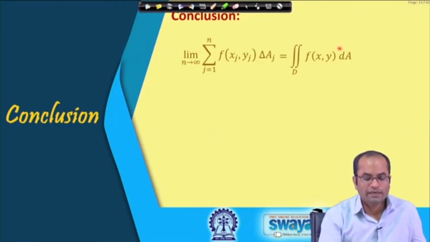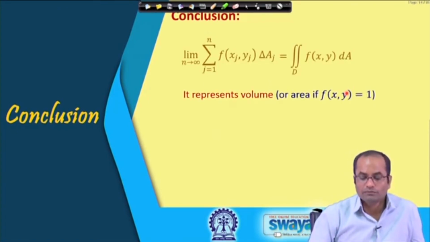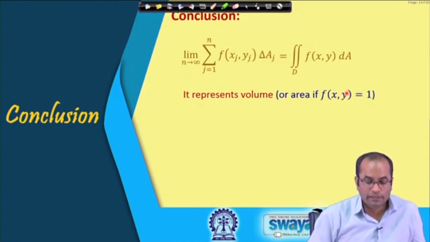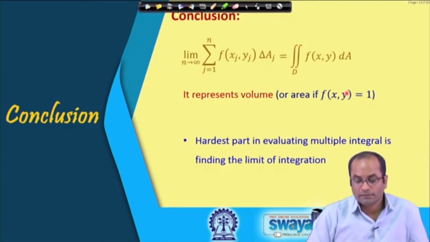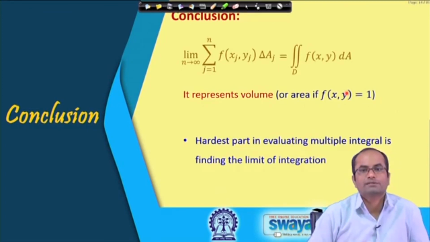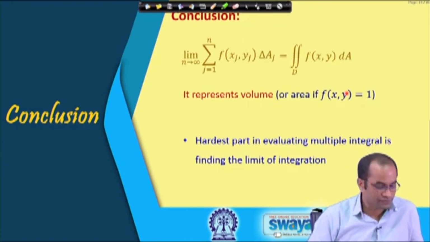So, the conclusion is we have seen the definition of the double integral, which represents the volume, or if we set this function to be 1, it can also represent the area of the domain D. The hardest part usually in evaluating a multiple integral is finding the limits of integration, but in the cases which we have considered today, they were simple geometry, and we can easily find the limits of integration.